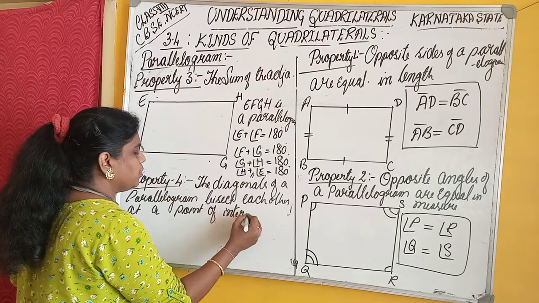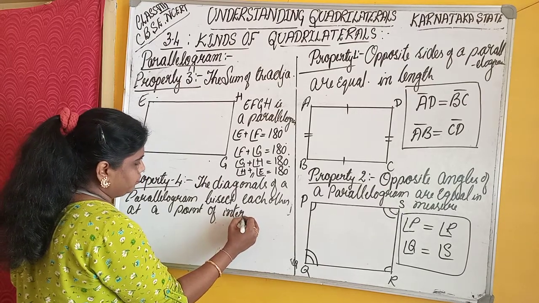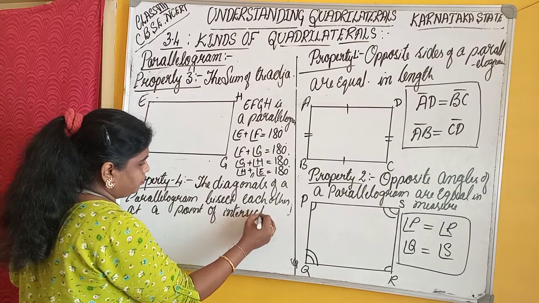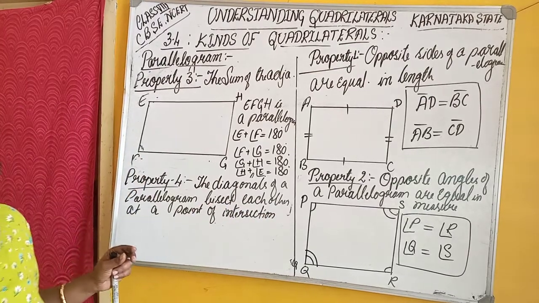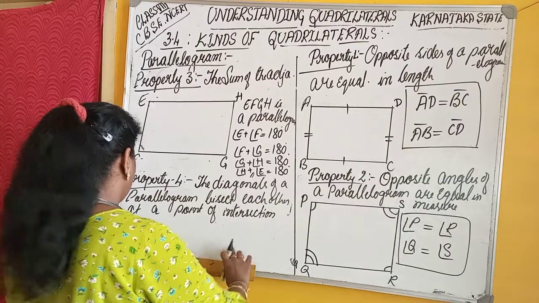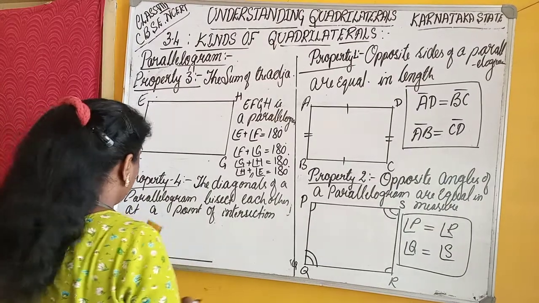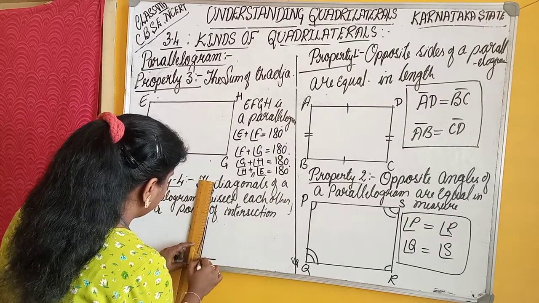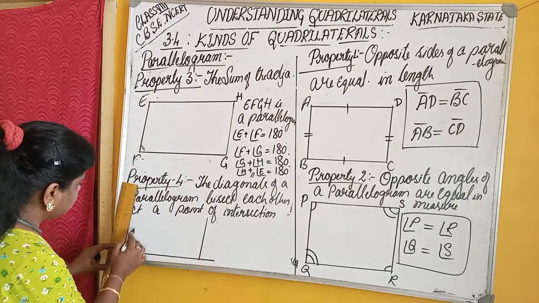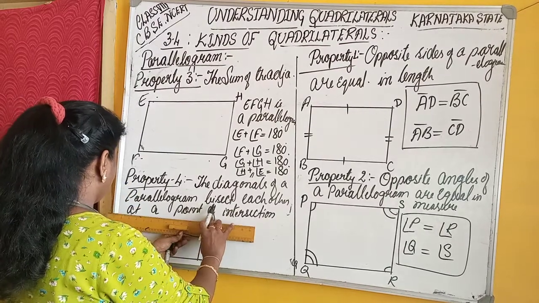Here is given the property about the diagonals of a parallelogram. Consider a parallelogram. In that you have to mention the diagonals, and then you have to write that the diagonals bisect each other at the point of intersection.